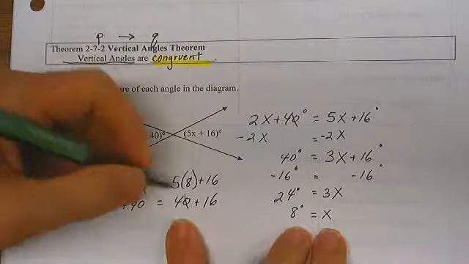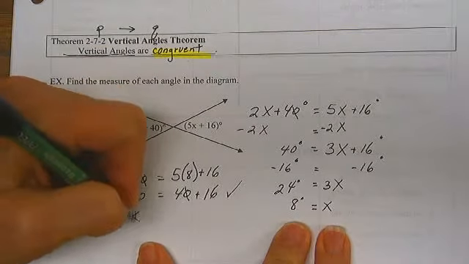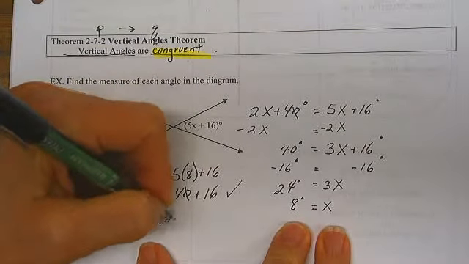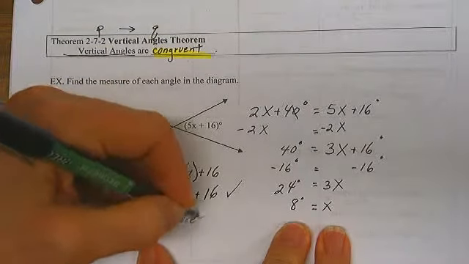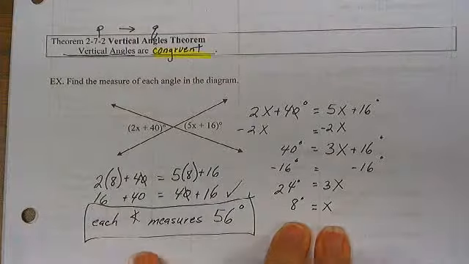We are right. Each angle measures 56 degrees, and you are done with this part of your homework. Good job.